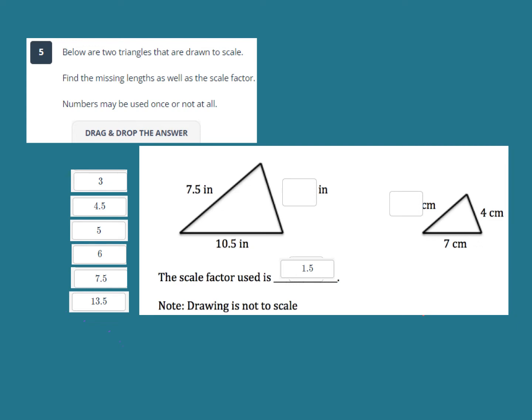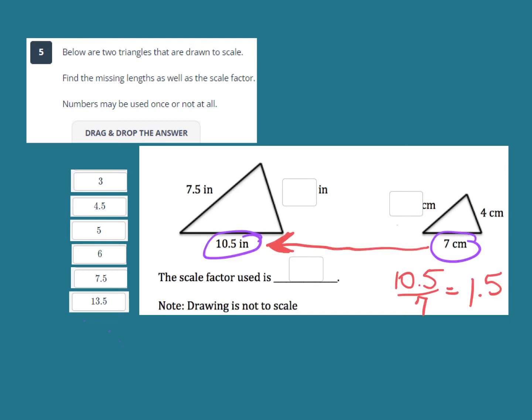Perfect. Okay, so next, moving right along, now I know that the scale factor is 1.5, but the weird thing, wait a second, what happened to all my writing? Okay, I needed to separate these out. Sorry about this, guys. I know when you write in your notebooks, this doesn't happen, right? Bring to front.